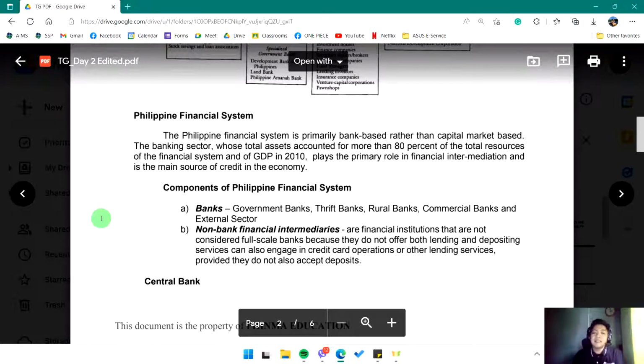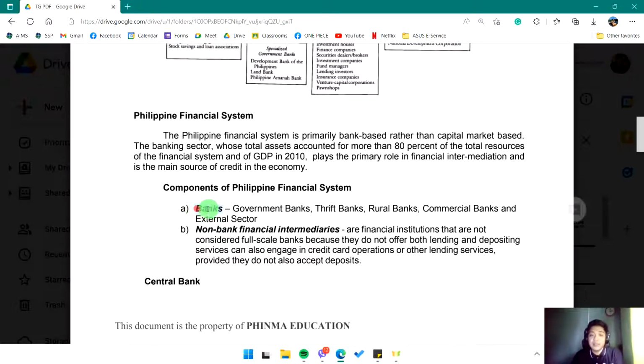And our financial system, tulad ng sabi natin, is further divided into two. We have the banks or yung mga financial institutions talaga, and we also have yung non-bank financial institutions. Pinag-usapan natin kanina. They can be in the form of lending or loans, like say for example, Home Credit, G-Credit, GCash, ganyan.